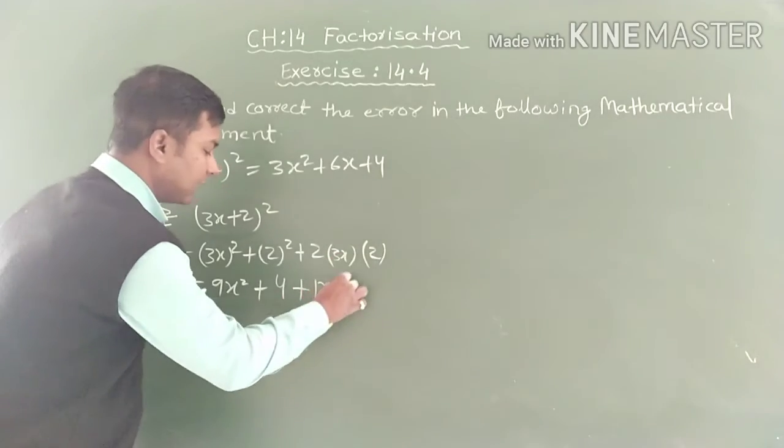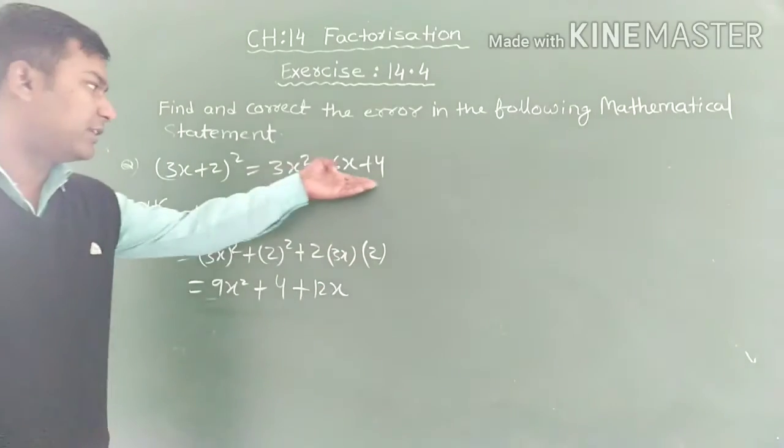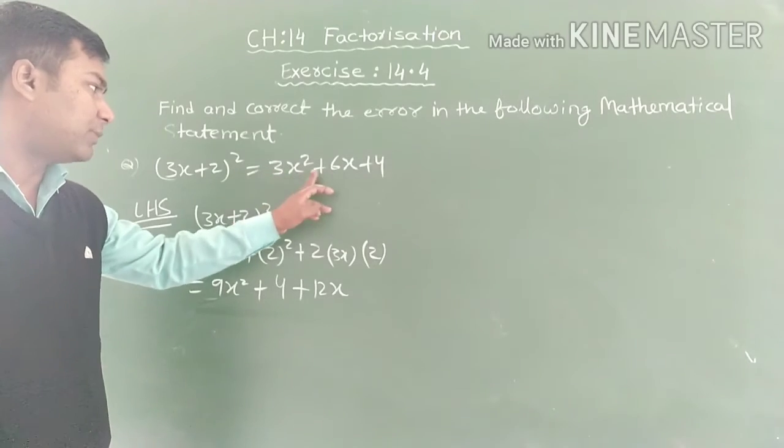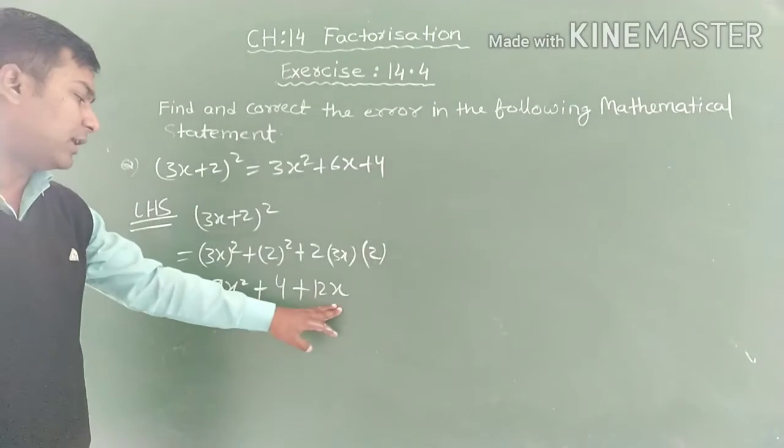So 12x. Okay. So this is the correct one. And what is RHS given here? 3x square plus 6x plus 4. 9x square plus 12x plus 4.